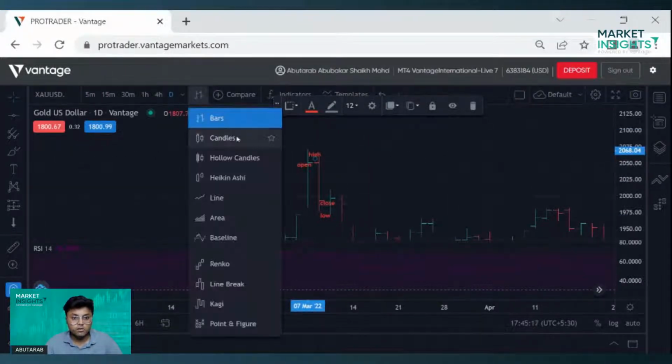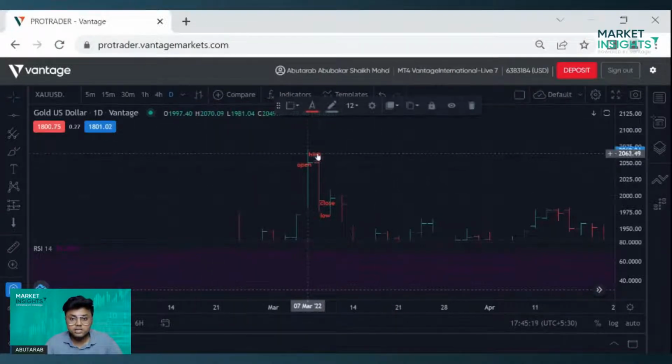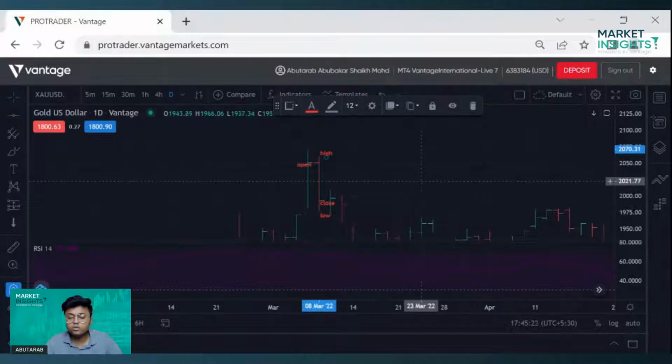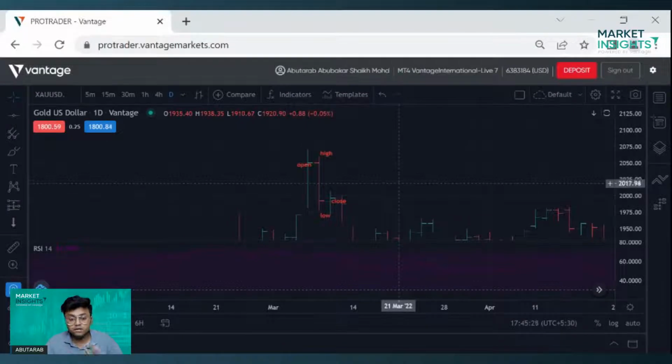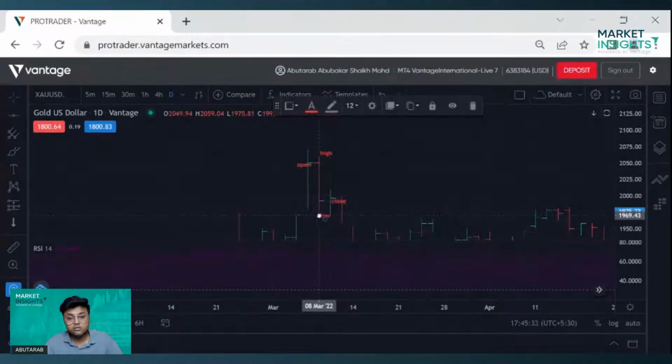Now what is the utility of a bar chart, sir? It is very similar to the candlestick chart. Now what is a candlestick chart? You will be amazed when I explain it, because the candlestick was developed in the 1700s, the 18th century, and today it is the most famous type of chart in the market.